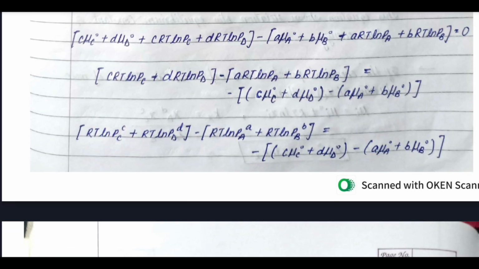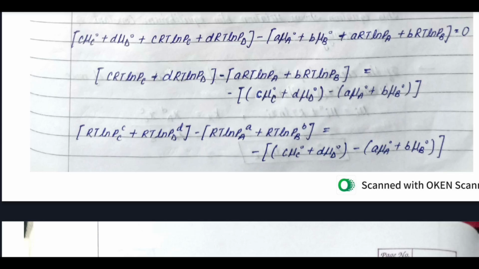(c RT ln PC + d RT ln PD) minus (a RT ln PA + b RT ln PB) equals minus (c mu C naught + d mu D naught minus (a mu A naught + b mu B naught)).